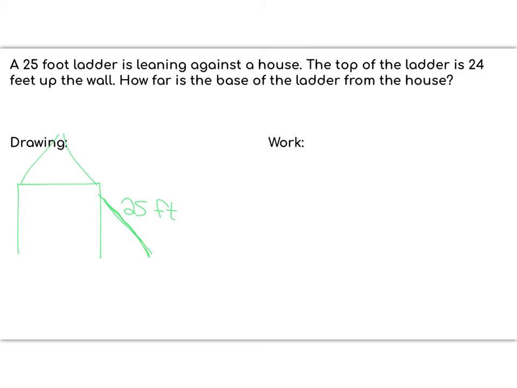It says the top of the ladder, so here's the top of the ladder, it's 24 feet up the wall. So here's the wall. So this is 24. And we want to know how far is the base of the ladder, that's the base at the bottom, from the house. So we are trying to find this distance right here.